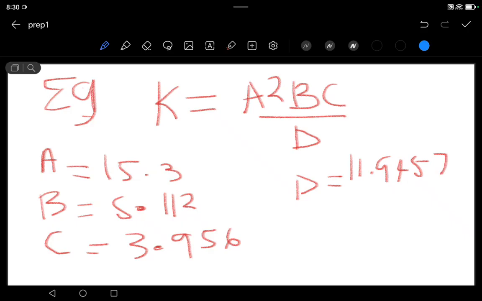And then they want you to determine the maximum error.